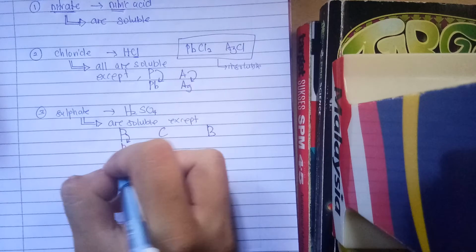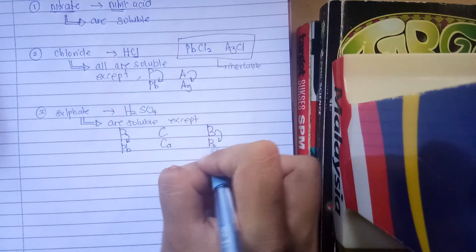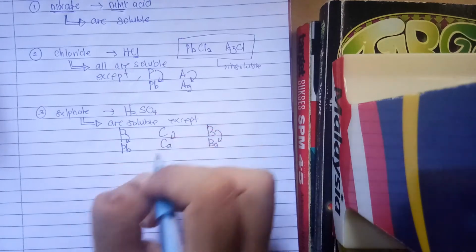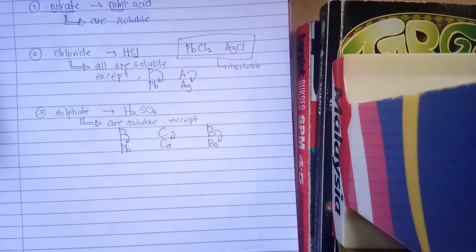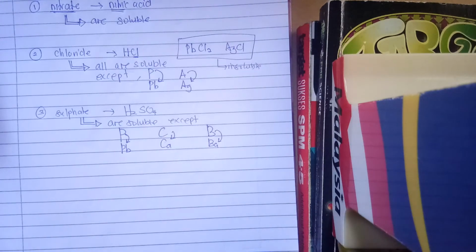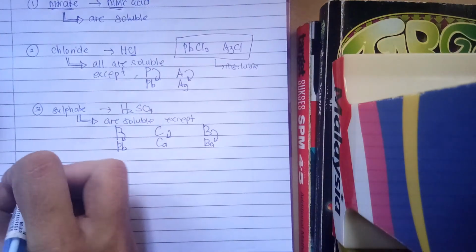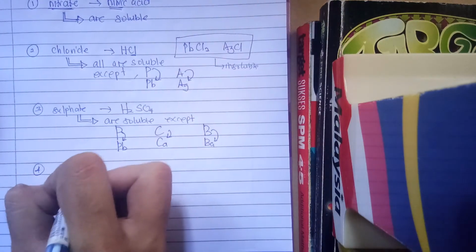So P stands for lead, C stands for calcium, B stands for barium. So lead sulfate, calcium sulfate and barium sulfate are all insoluble. And the fourth salt that you need to know is carbonate salt.